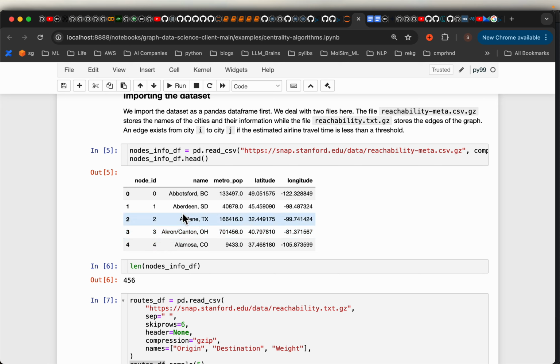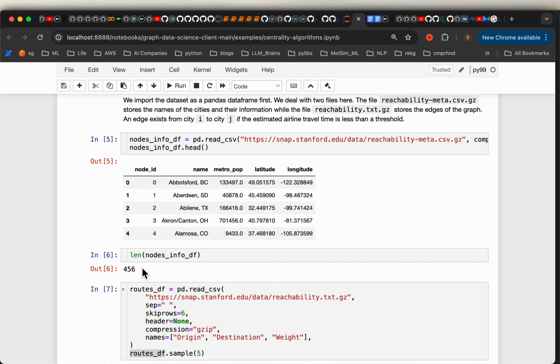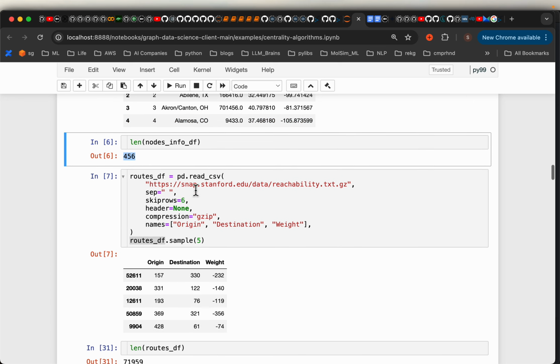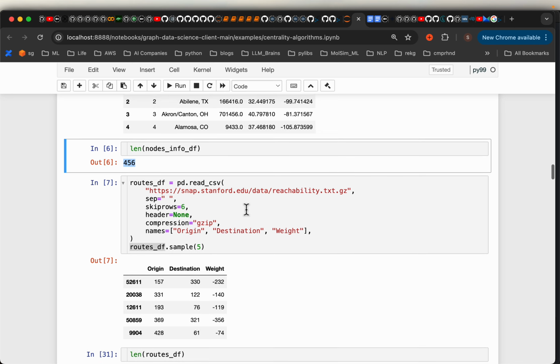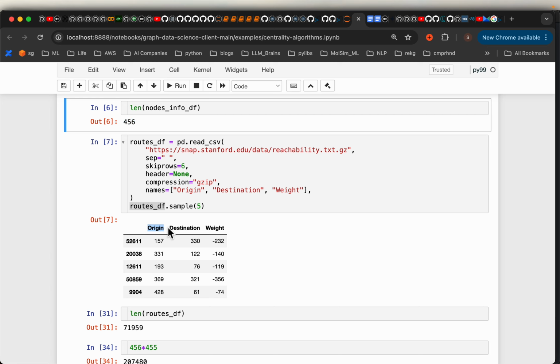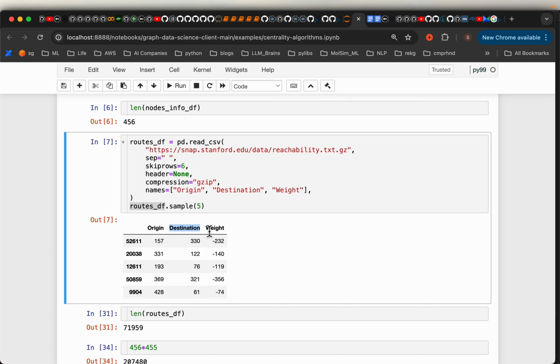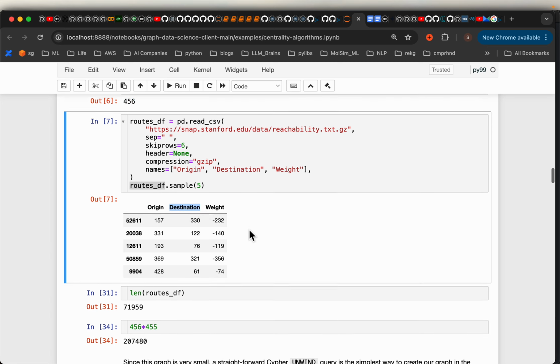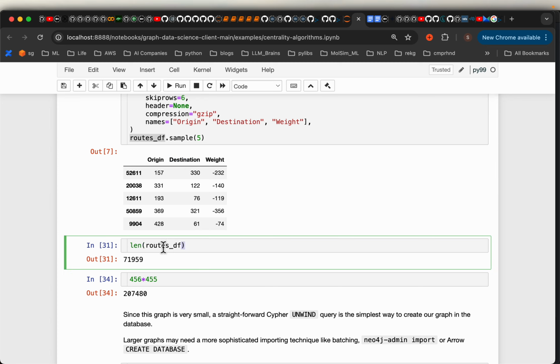So here we have the node ID, and these are the city names, the population, latitude, and longitude. Okay. So here we have 456 cities. And then here we have the connectivity information. So using the node ID, we have the origin, destination. We are not going to use weight, but the total number of routes or direct flights is 71 plus thousand.